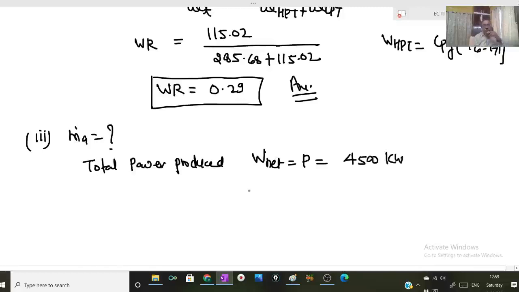Now this total capital W net is nothing but mass flow rate of air into small w net from the LPT, 4500 kilowatt.